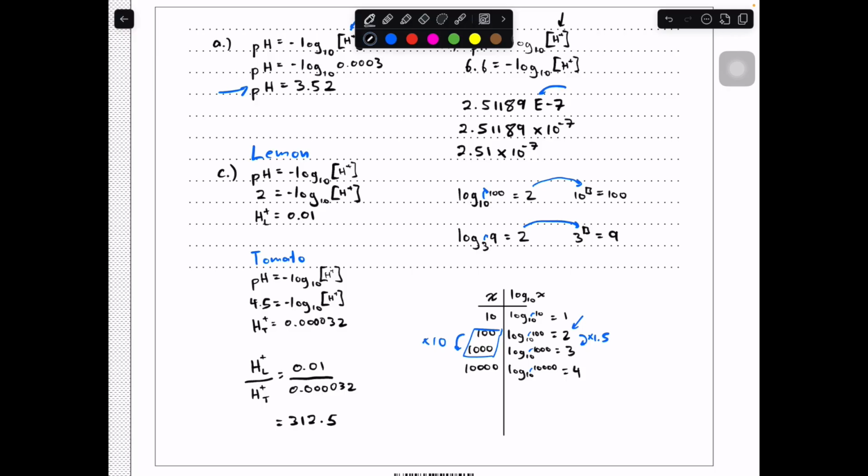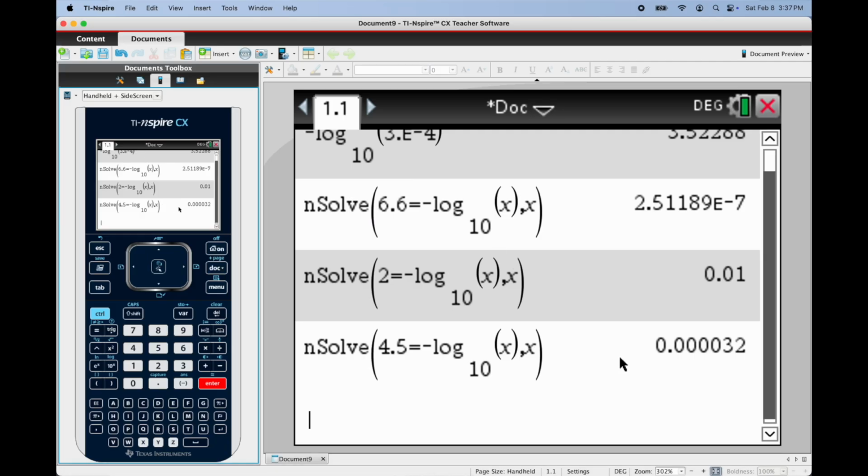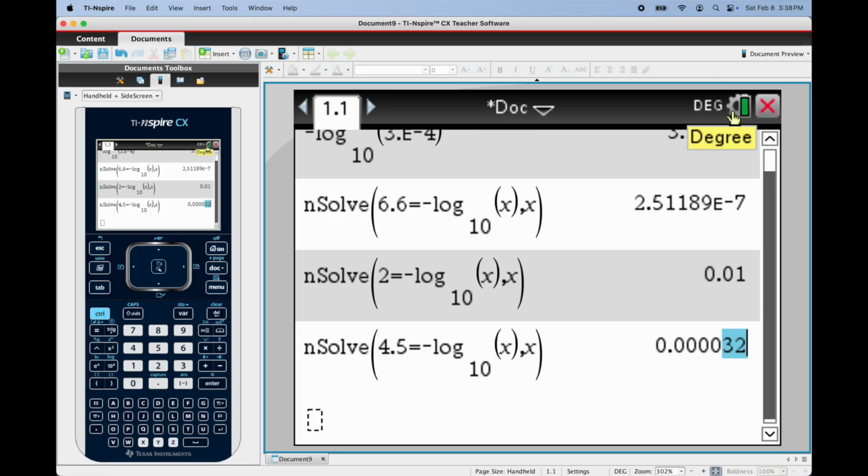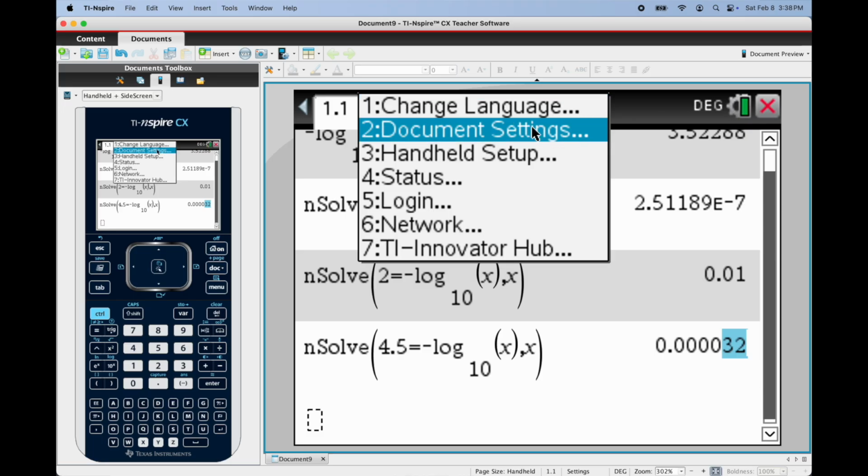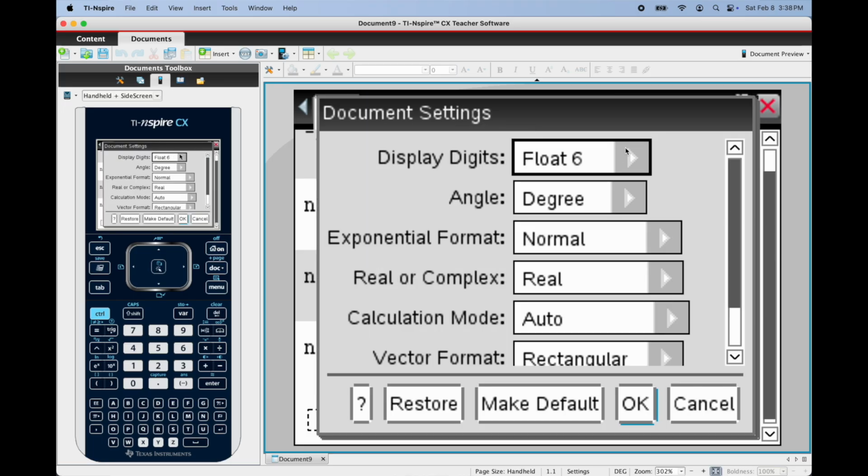Okay, sorry, I've just got to draw this back a little. I was just looking at the mark scheme, and in terms of the float, that is to say the number of digits, the accuracy, I have this set a little too narrow. So this is a default setting. A float 6 is not enough. We're going to need a float 8. Let's get some more digits.